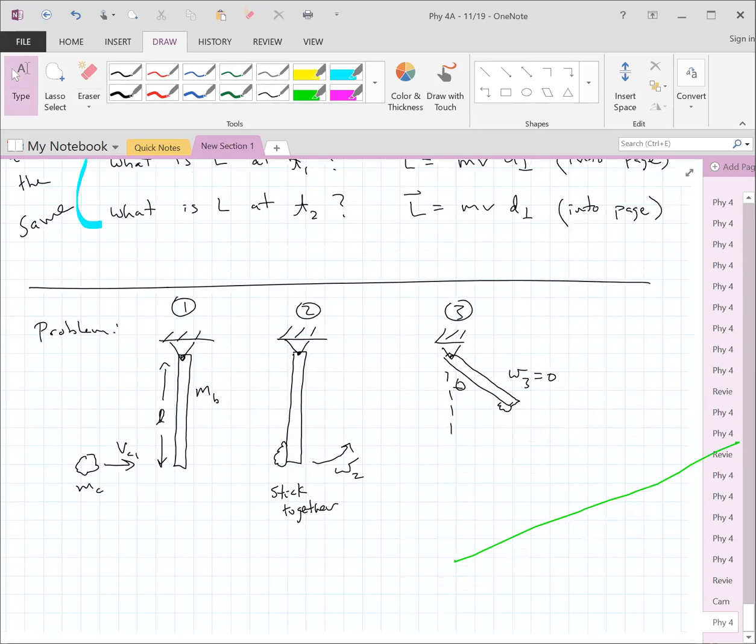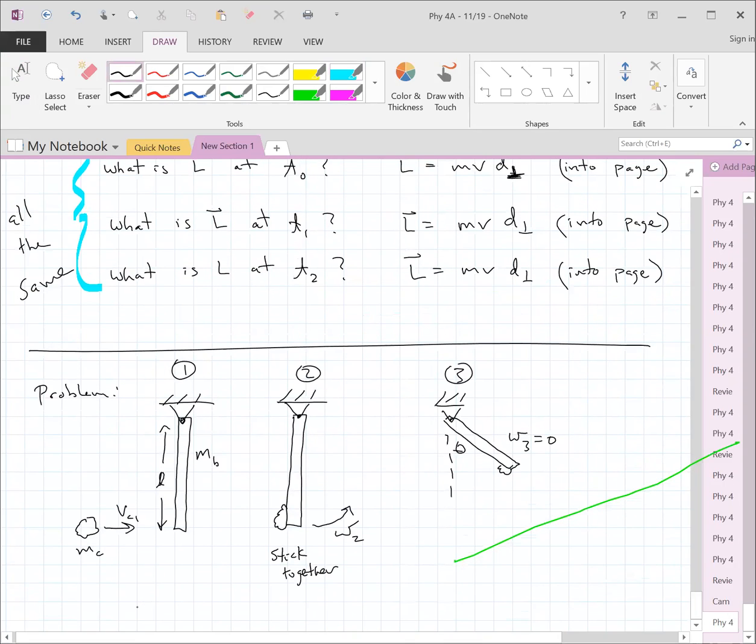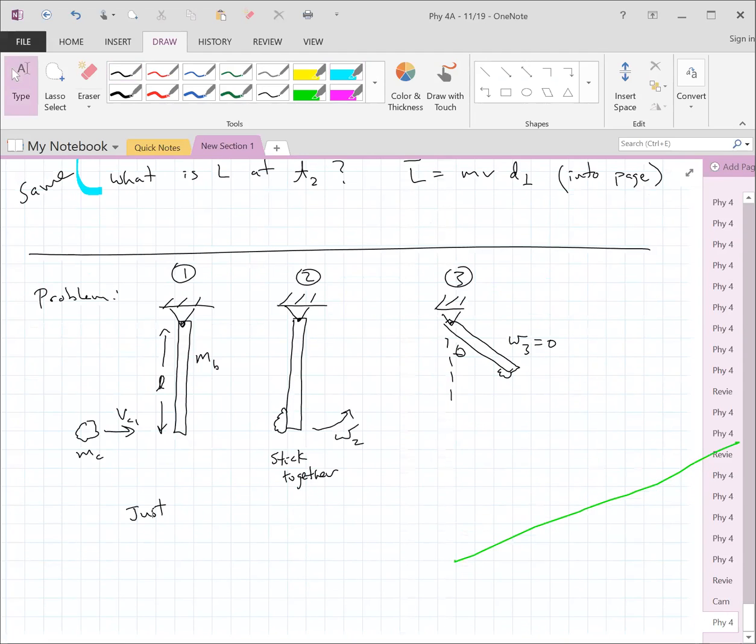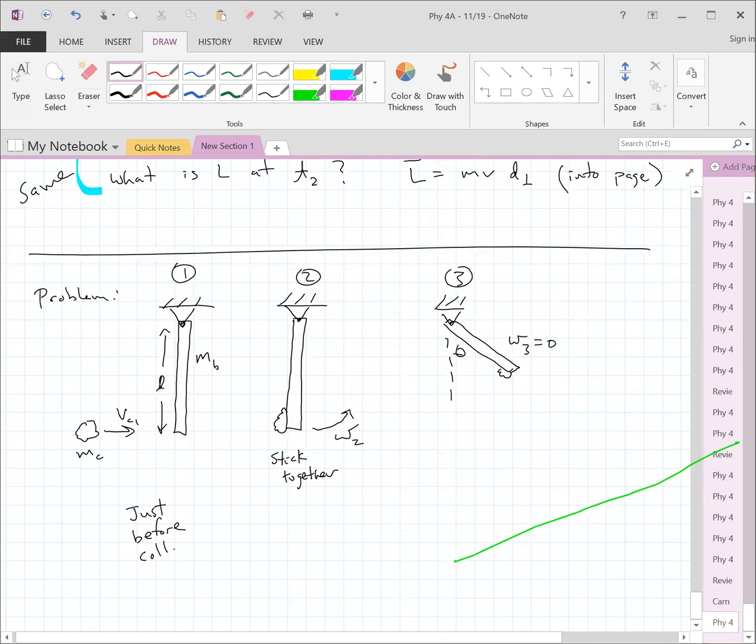So time 1 is just before the collision. We make a timeline here. This is a collision type problem. This is just after. And this is later.